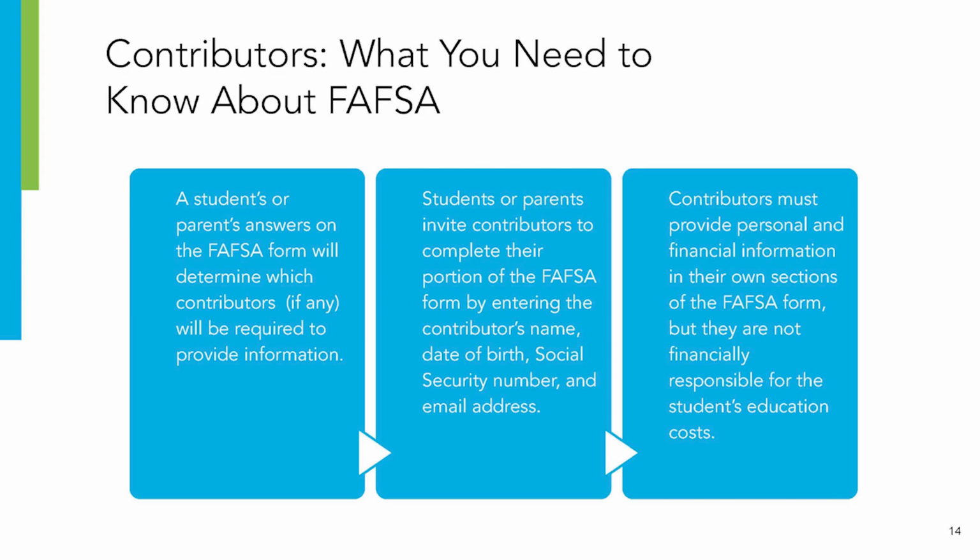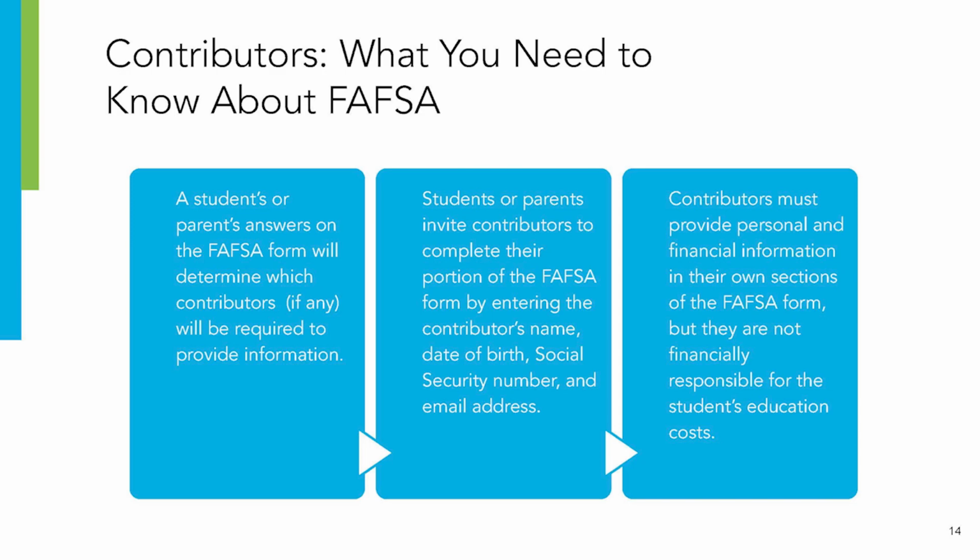A student or parent will invite contributors to complete their portion of the Free Application for Federal Student Aid by entering the contributor's name, date of birth, social security number, and email address. In most cases, it's recommended that parents of dependent students start the process because they are going to be more likely to have the basic information that is used to invite contributors to participate in filling out the form.